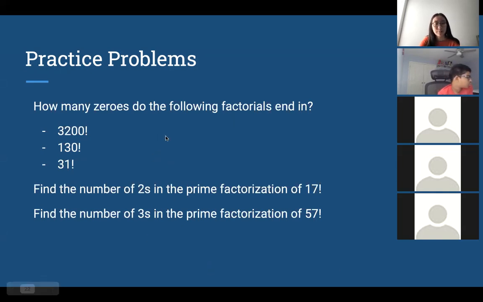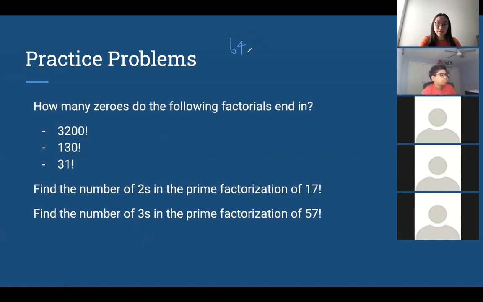Because we haven't done too much practice on this so far. For the number of zeros, we're trying to basically find the number of 5s. To do that, first we do 3,200 divided by 5, which gives us 640.